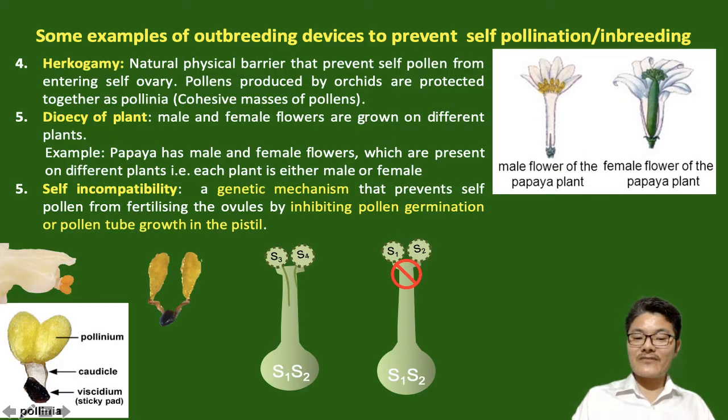Instead of that, it favors germination of pollen grains having different genotype, different gene. So S3 and S4 will be germinating and growing pollen tubes inside the style of a pistil having S1 and S2.